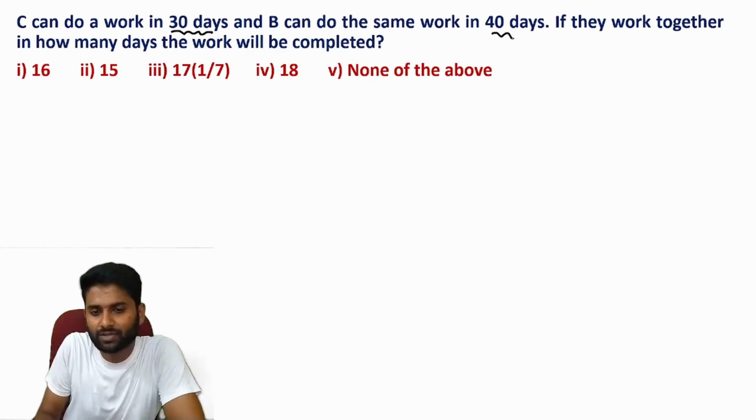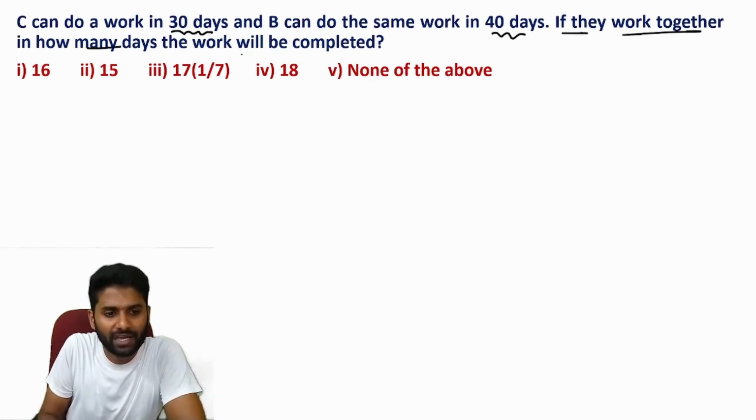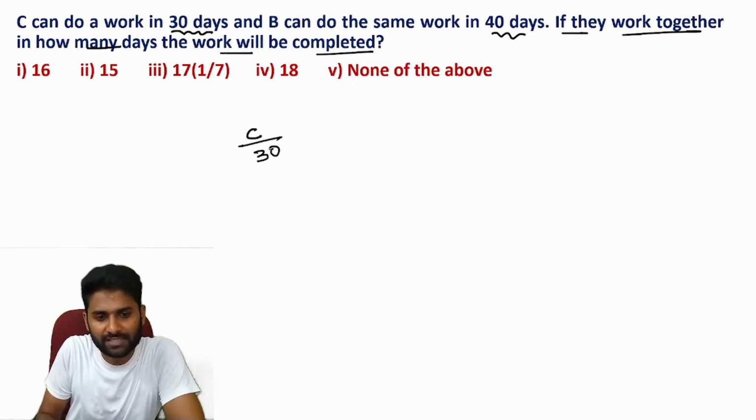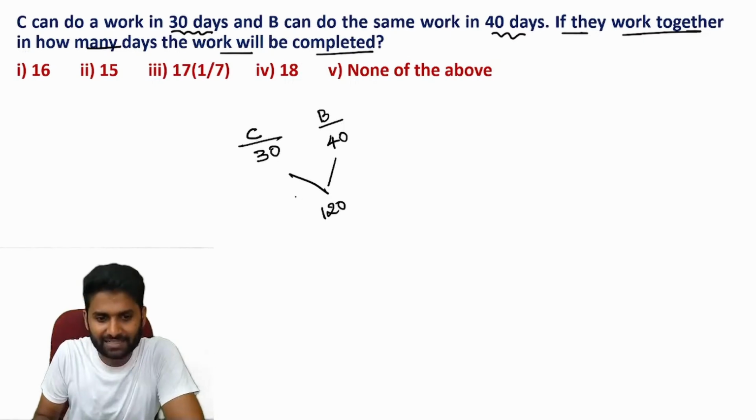B can do the same work in 40 days. If they work together, in how many days will the work be completed? Now C takes 30 days, B takes 40 days. We need one reference value. Total work is 120. Now 120 units of work completed by C in 30 days means per day work of C is 4 units. 120 units of work completed by B in 40 days. B completed 3 units per day.